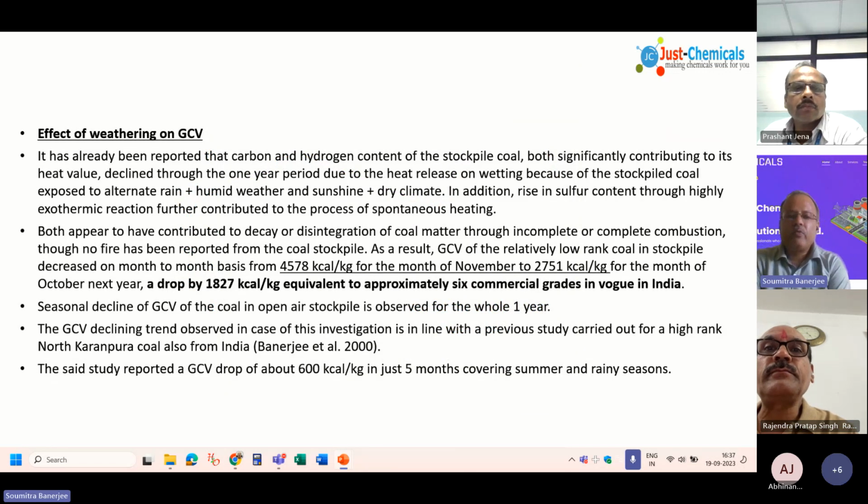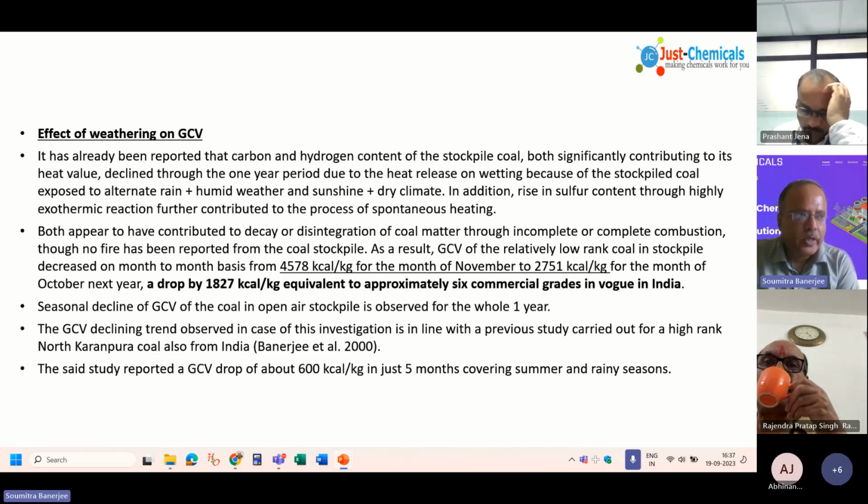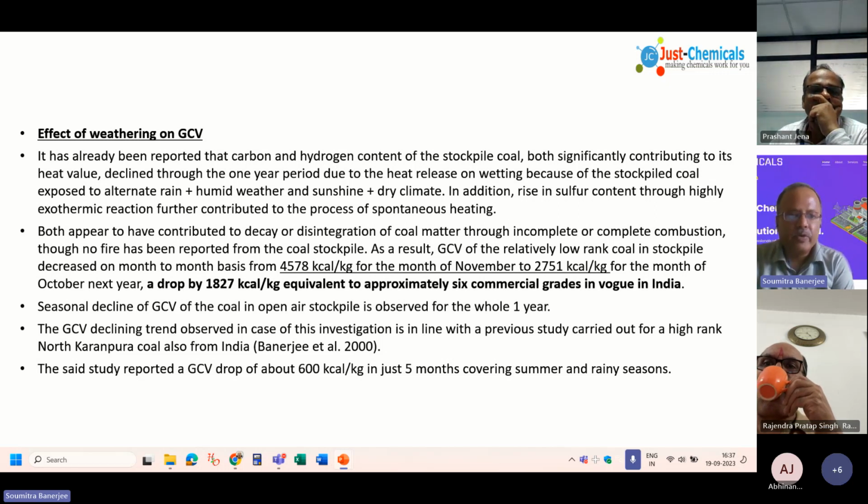And now, the effect of weathering on GCV. We already saw that carbon and hydrogen content in the stockpile got reduced significantly, contributing to its heat value, and this was declining throughout the period, which we saw in the graphs. And on wetting of coal in the stockpile, heat is released, and the coal is exposed to alternate rain plus humid weather and then sunshine plus dry climate.